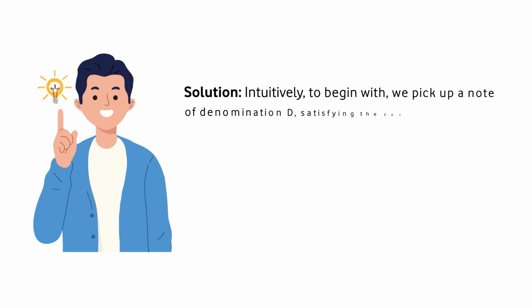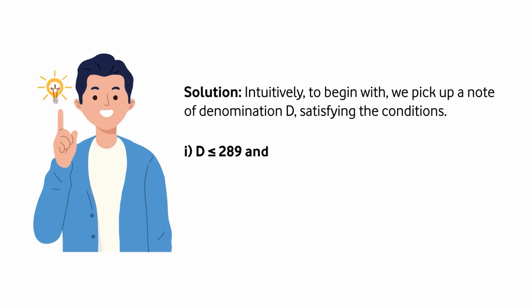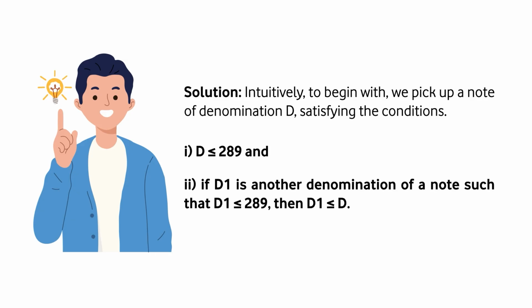Okay, so there are only two conditions that will be followed. The first condition is that whichever denomination you are taking should be less than or equal to 289.